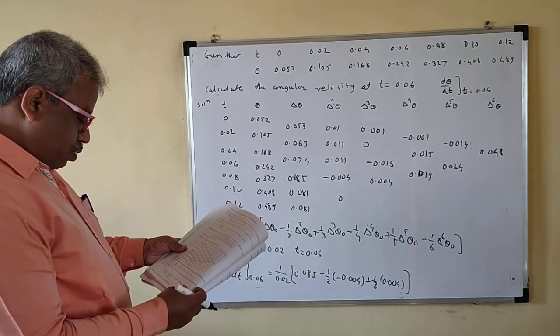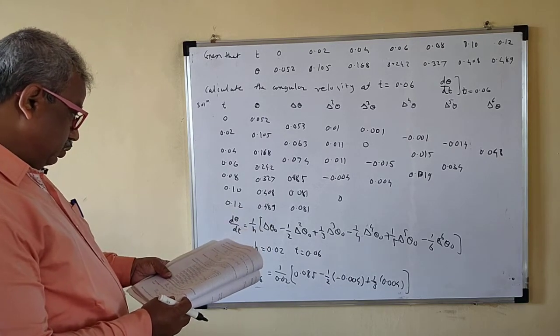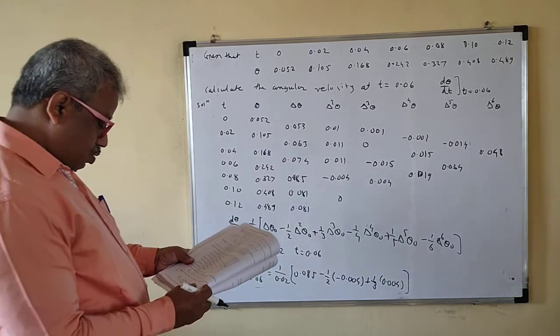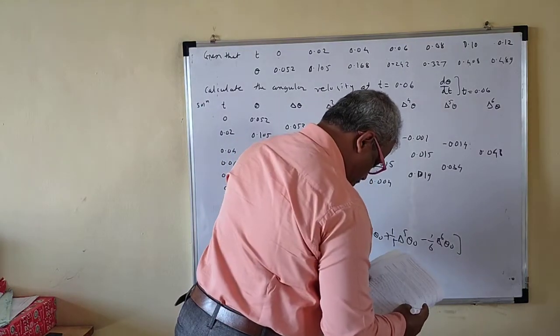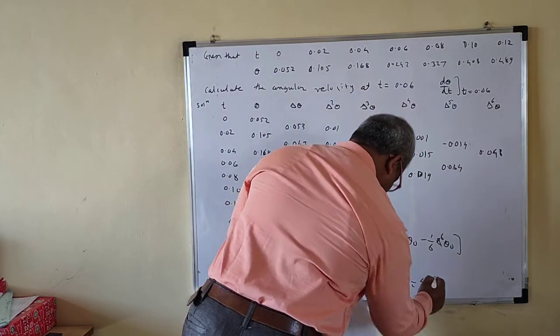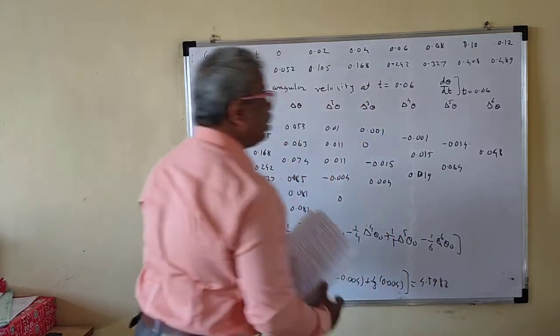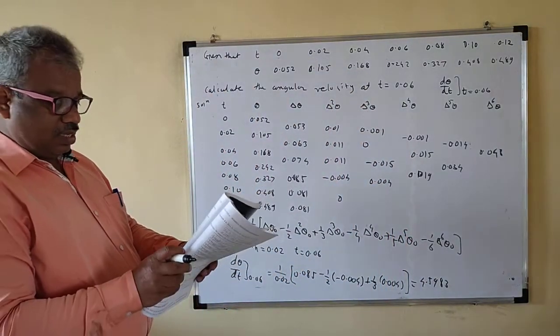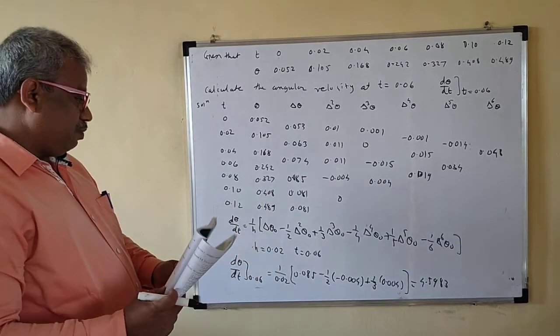So we get the value 4.5983. So therefore the angular velocity is 4.5983 radian per second.